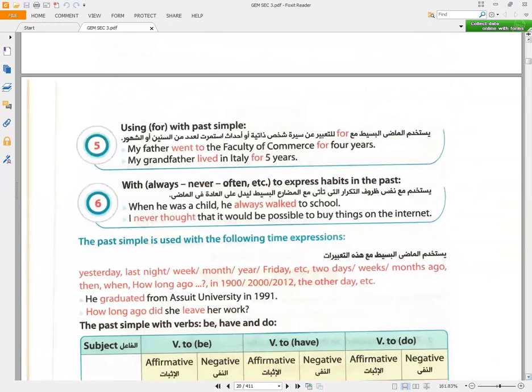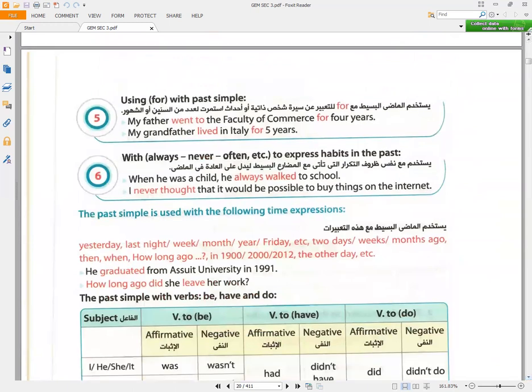Five, using for with past simple. There was a legend in the past that we can't use for in past simple, only with present perfect.